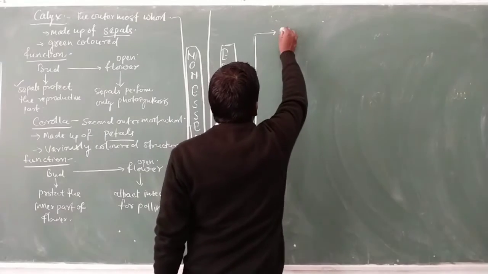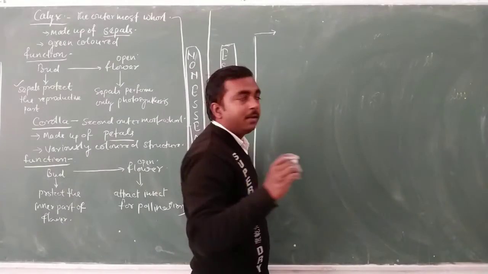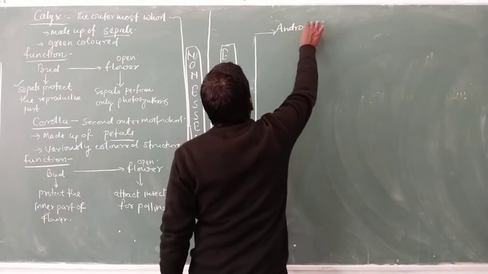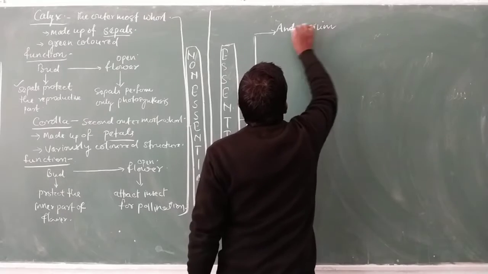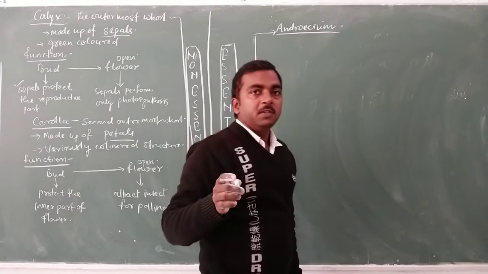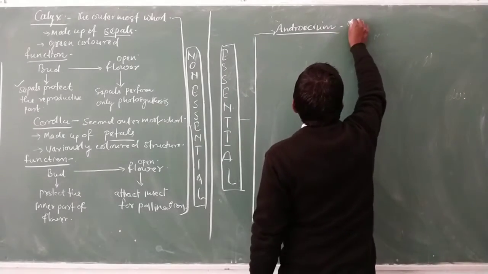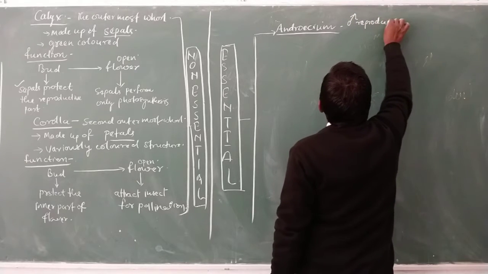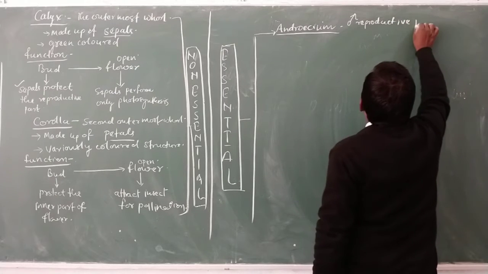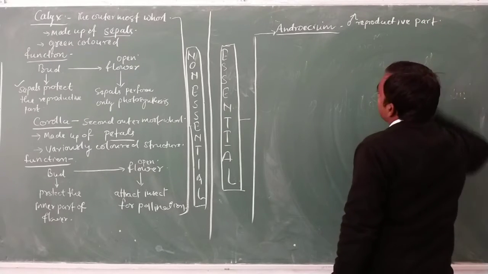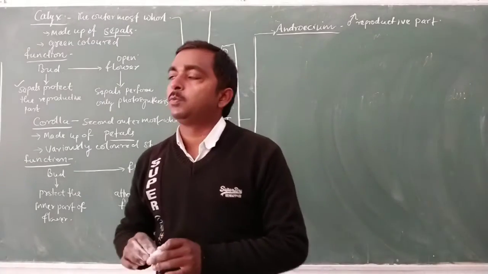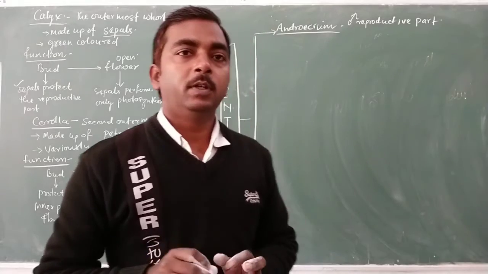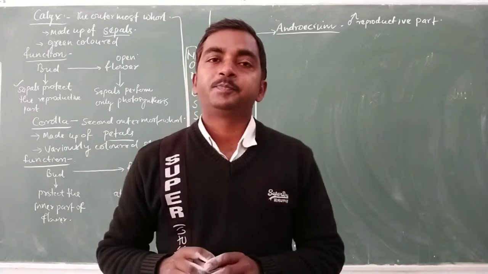First let us start with the male reproductive organ, which is called the androecium. Which structure is known as the androecium? Now we need to clarify it.